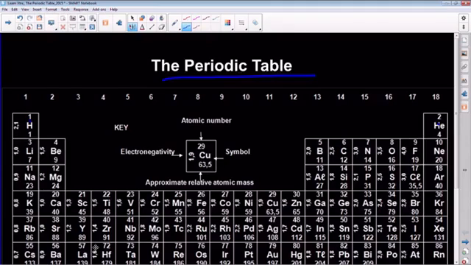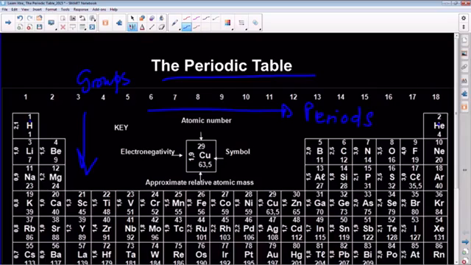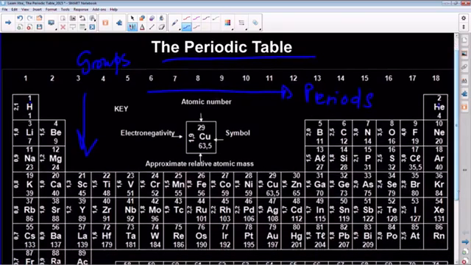It goes across in rows as well as columns. These vertical columns we call groups, and the horizontal rows we call periods. So if we talk about the periodic table, we're basically talking about the arrangement of elements in this fashion.